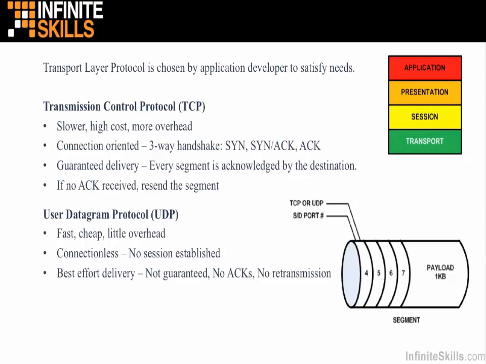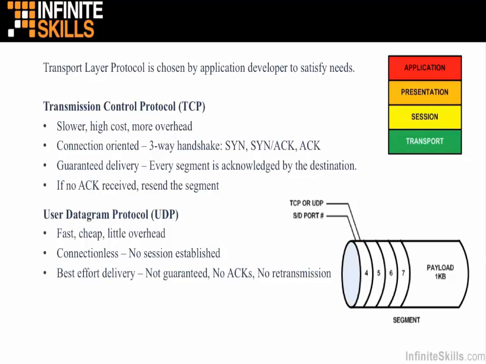The destination sends back a synchronize-acknowledge frame, and then the source sends to the destination an acknowledge frame. This three-way handshake, these 3 frames, establish the connection or the TCP session between sender and recipient. So that's the connection-oriented part, and that is 100% overhead. There's no actual data that crossed the network during that transmission.